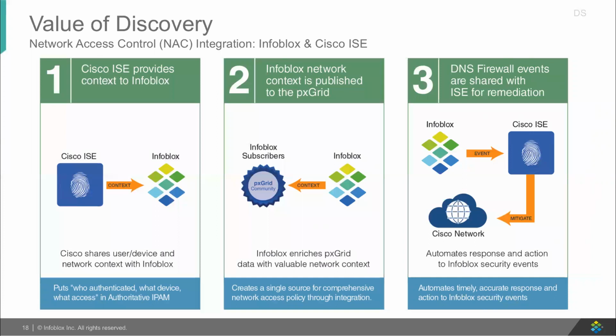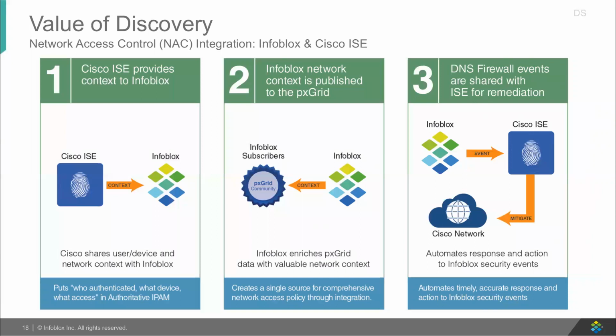So we can get user information from ISE, we can get the quarantine data from ISE, and that is displayable right in the Infoblox UI. And number two, we're publishing data out to ISE. So this is the things that we're discovering. We're discovering and fingerprinting end hosts, whether it's a DHCP fingerprint or whether we just identified it with our discovery protocol. We can share that out to ISE, and that might determine or modify the TrustSec policies.